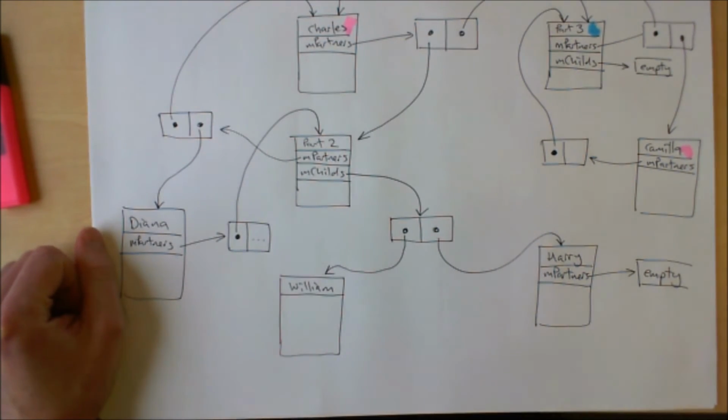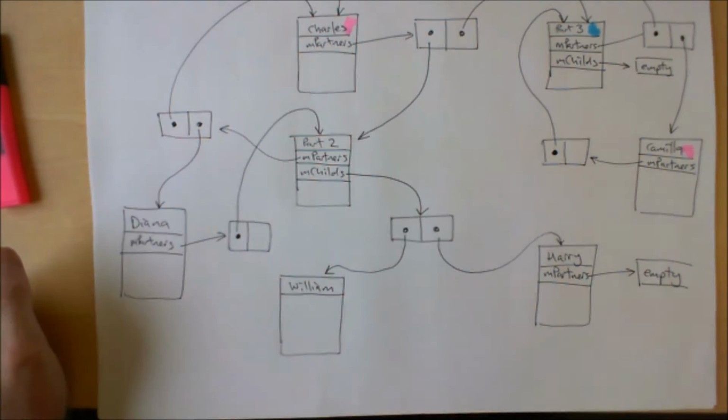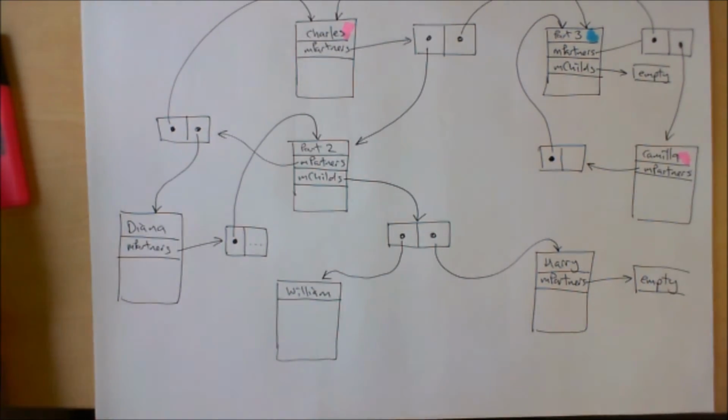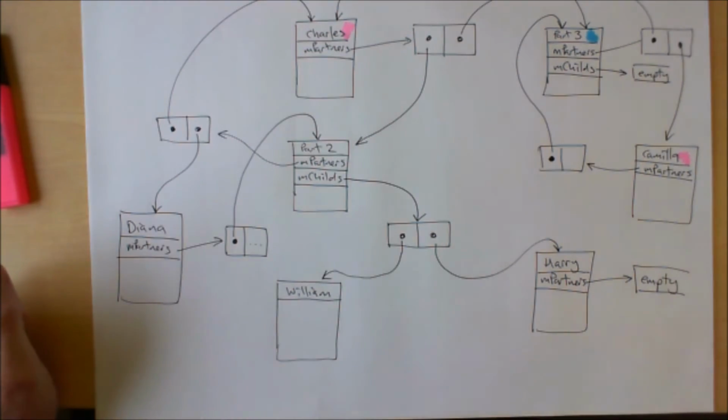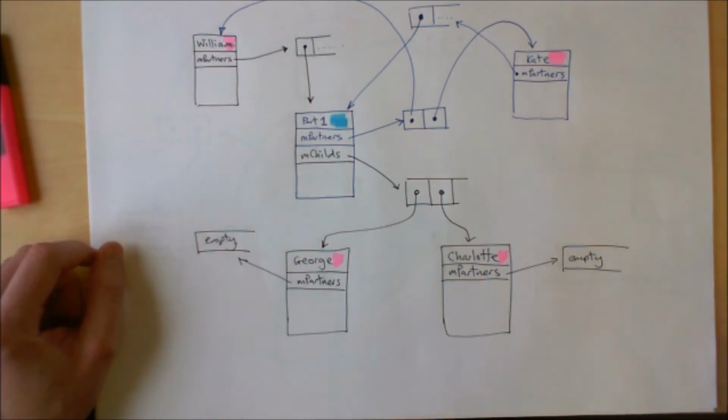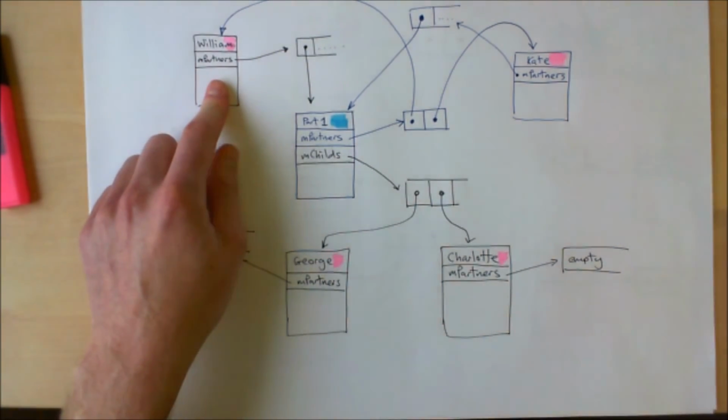Now, there is a slight obstacle to getting that to work correctly, and that's covered in the forum post on Stack Overflow. And that is the issue that, if I go back here, let's say we start at William.